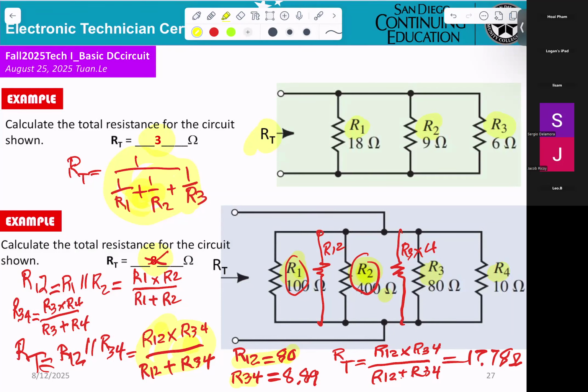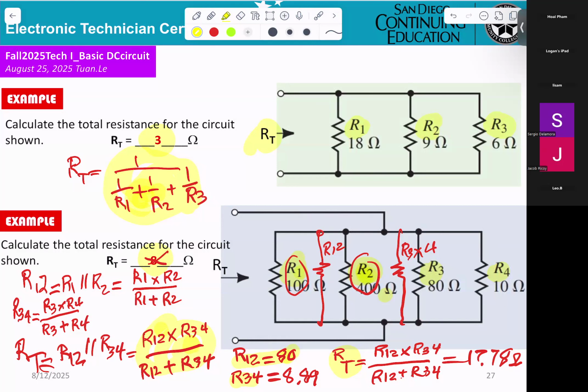Okay, total will be R12 parallel R34, which is 711.2. Is it 17.78? No, it's 711.2. Hold on, for R12 times R34, let me try again.